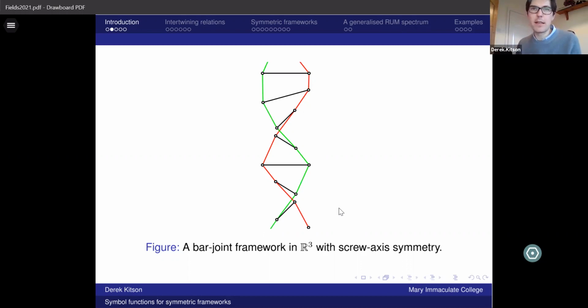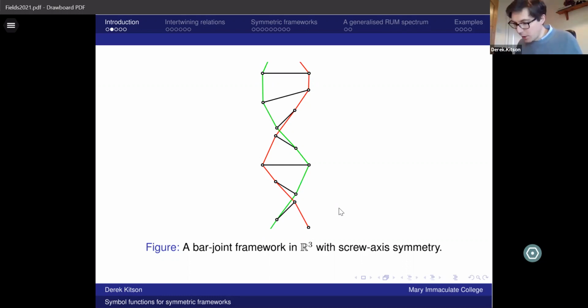Again, there are similarities between the two, but as far as I could see, there's no encapsulating theory to capture what's going on in these different symmetric settings. So that's what this paper is about: trying to capture both of those settings in a single unified way, but also to extend what's going on so that we can look at new types of examples too.